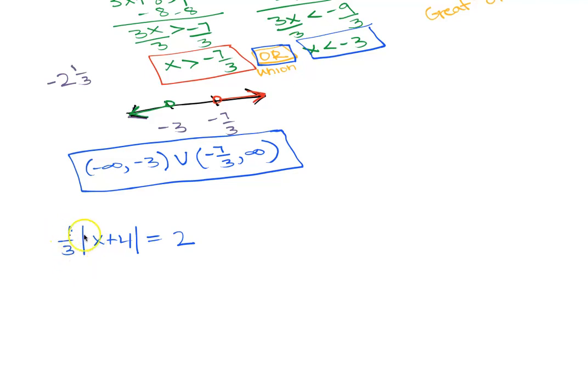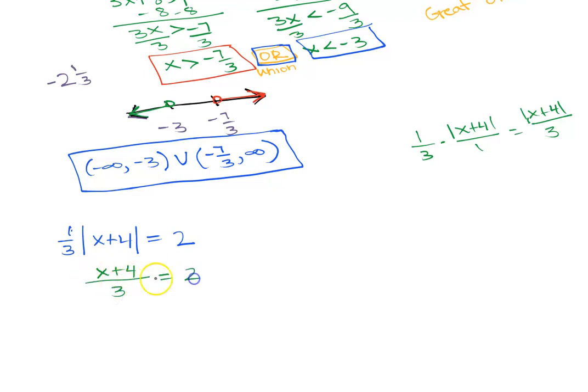And multiplying by 3, I mean, think about this. If I have 1/3 times the absolute value of x plus 4, it's kind of like there's a 1 underneath it, right? So really, I could write this as the absolute value of x plus 4 all over 3. And then sometimes people are like, oh yeah, I can see that it's being divided by 3.